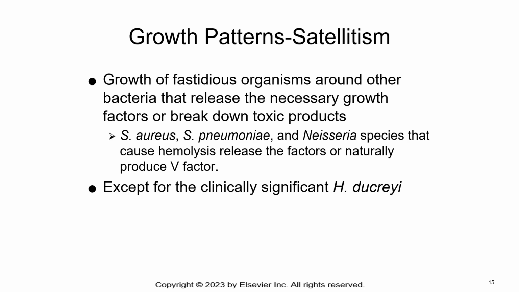Satellitism is growth of fastidious organisms around other bacteria that release the necessary growth factors. So in satellitism, you're usually going to have some type of beta hemolytic or alpha hemolytic species, so Staph aureus, Streptococcus pneumoniae, some Neisseria species that cause hemolysis, and they release the factors, naturally producing V factor.